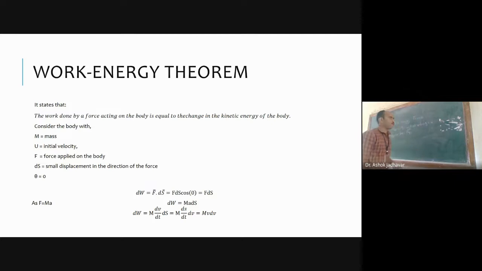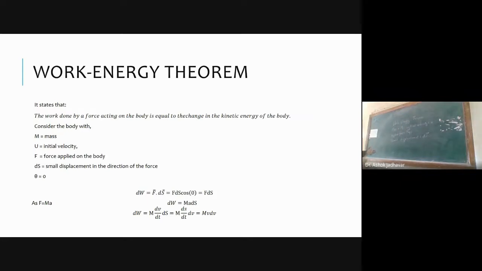When I apply some force on the body, then we can say that there is a very small displacement taking place, and that displacement is ds. So small displacement due to the application of this force is ds.